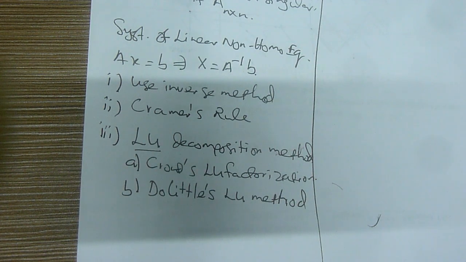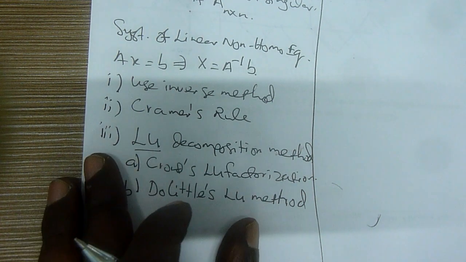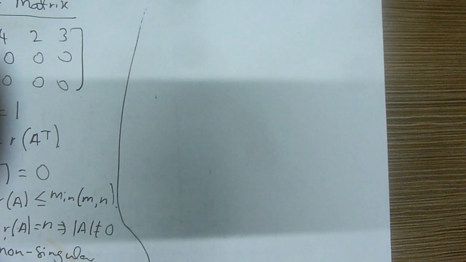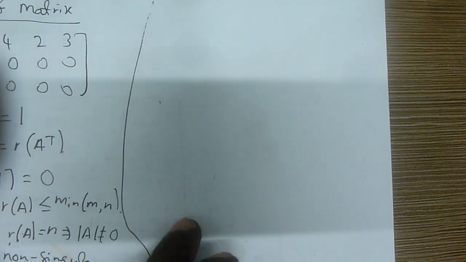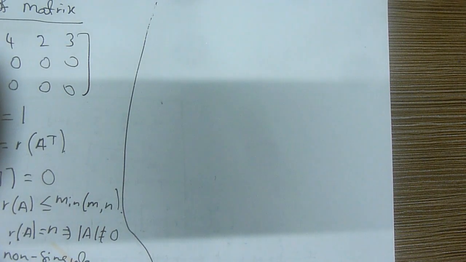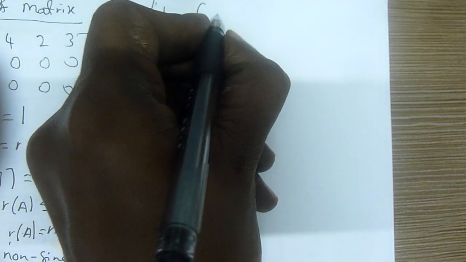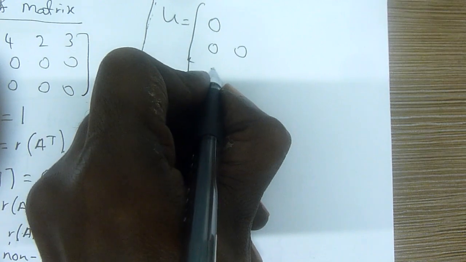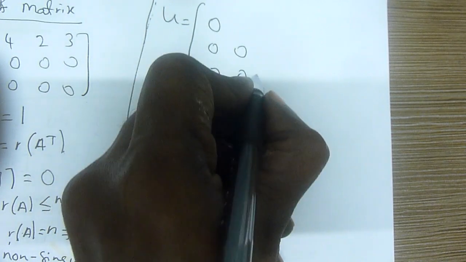Lower diagonal and upper diagonal. We're going to see the difference between the lower diagonal and the upper diagonal. I use the same paper, in case it's easy for me to come back again. Consider any numbers, like for the 3 by 3, 0, 0 and 0, 0, 0.